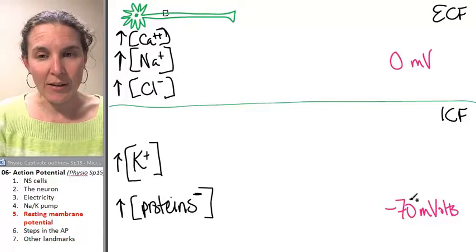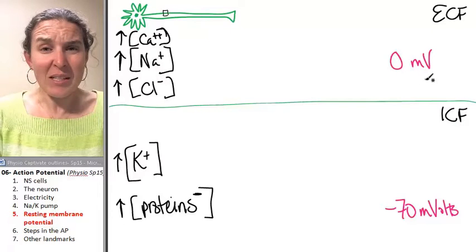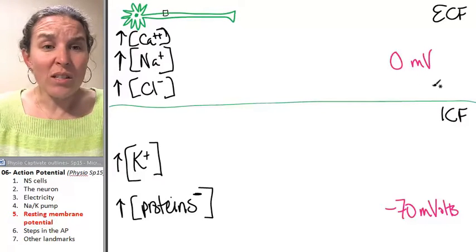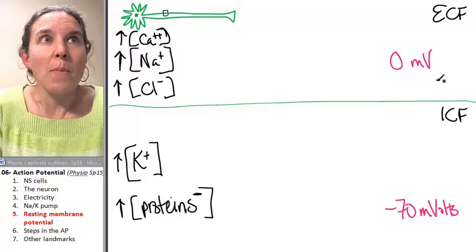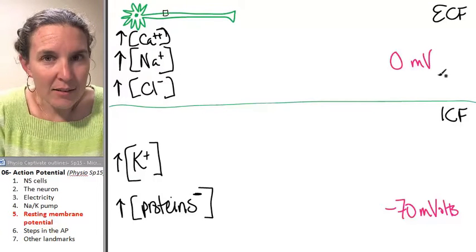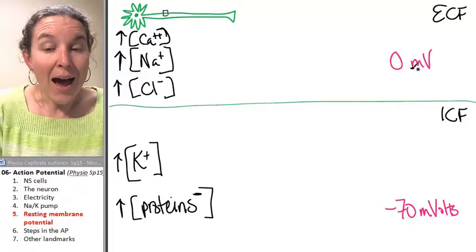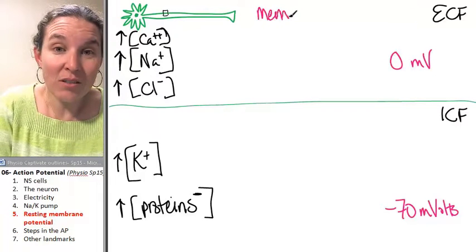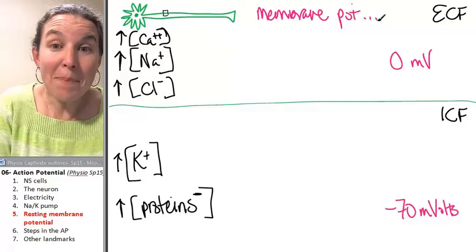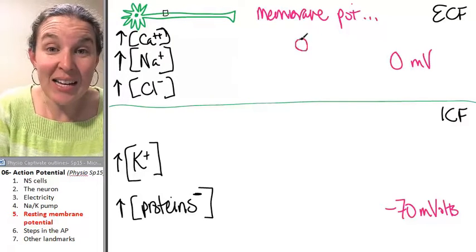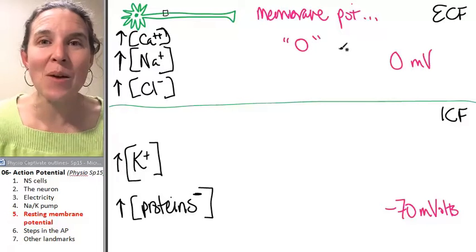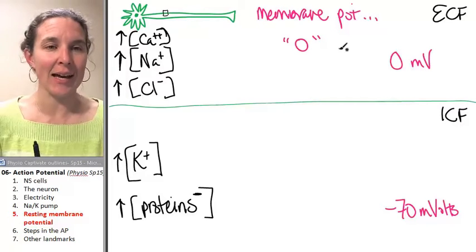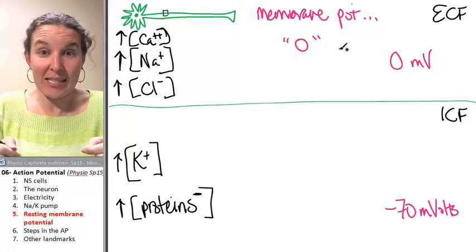What is a millivolt? A volt is just a measure of potential electricity. When we calculate membrane potential, we basically set the outside to 0, and then we compare the outside to the inside, and we just test the difference.